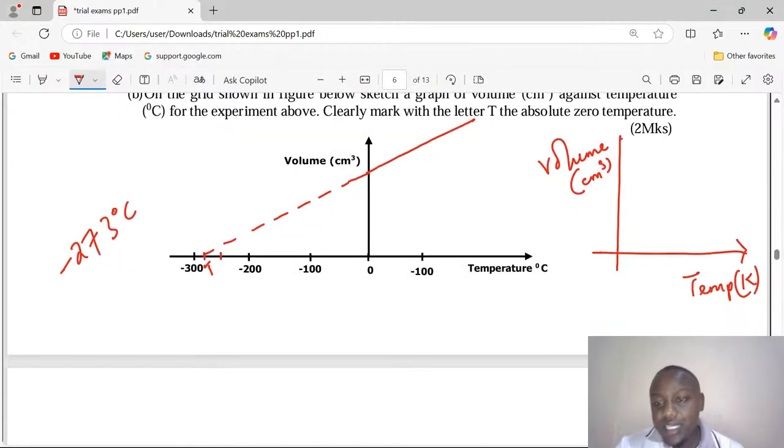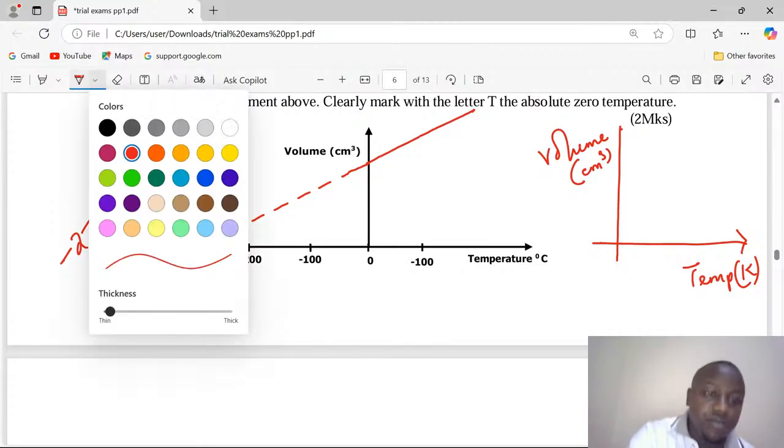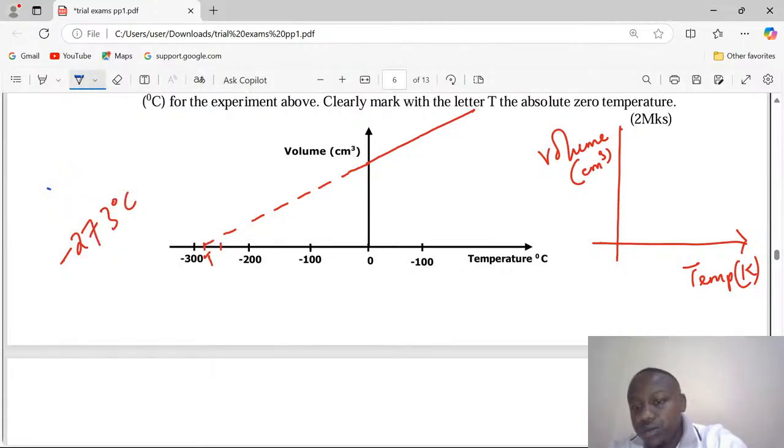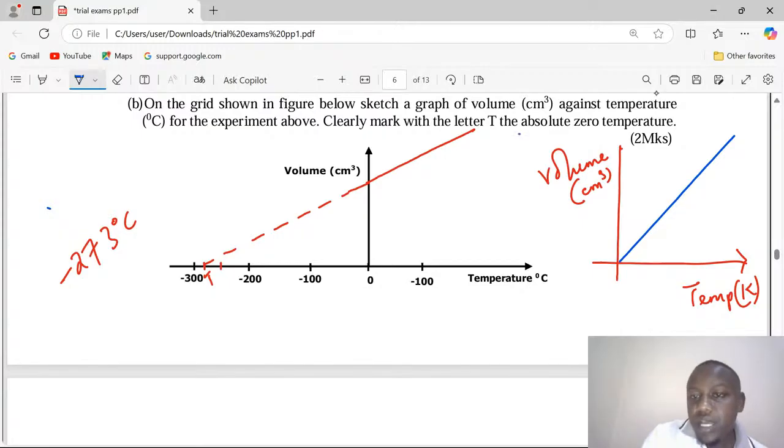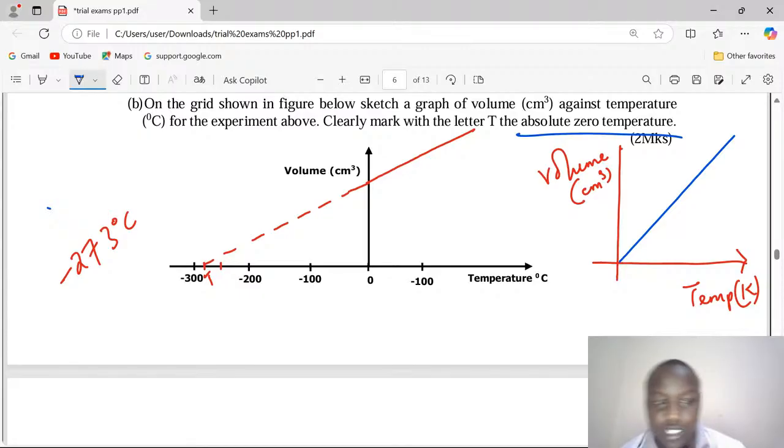In such a case, you ensure that you pass through the origin, because that is now the absolute zero temperature, which is equivalent to negative 273 degrees Celsius. So it's just the same graph, only that absolute zero for the Celsius scale is represented by negative 273. So please master that.